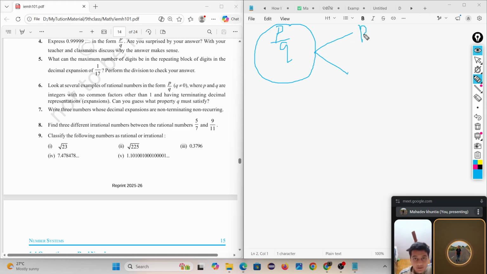Either remainder equal to 0 or remainder does not equal to 0. I am telling about rational number. If I divide the numerator of a rational number by the denominator, two cases are there. If remainder equal to 0, it is which type of decimal expansion?